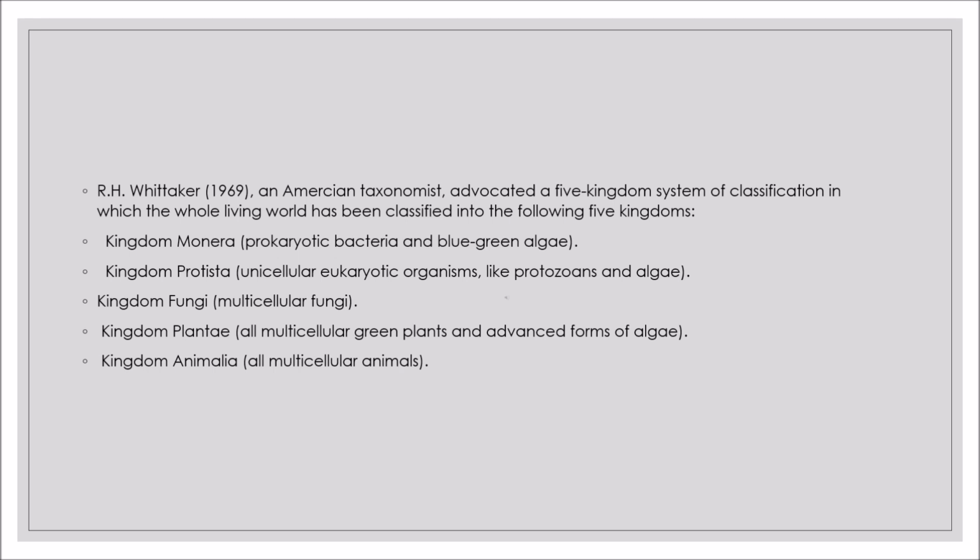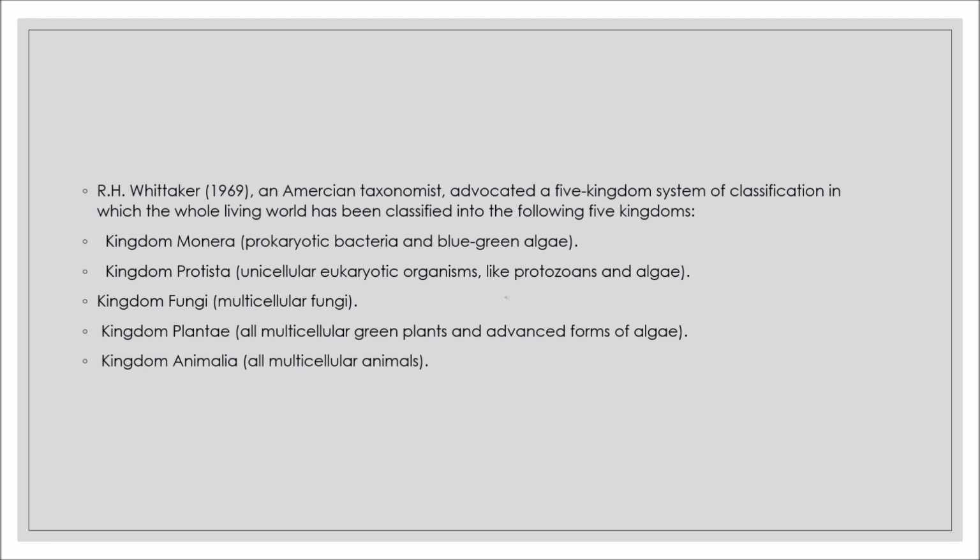And kingdom Protista, all the unicellular organisms with well-developed cell organelles. Such organisms are called protozoans and algae. They are put under Protista. And next, multicellular fungi are put under kingdom fungi, and under kingdom plantae, all the multicellular green plants and some advanced forms of algae.